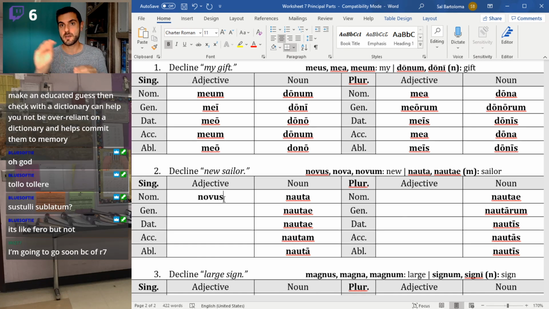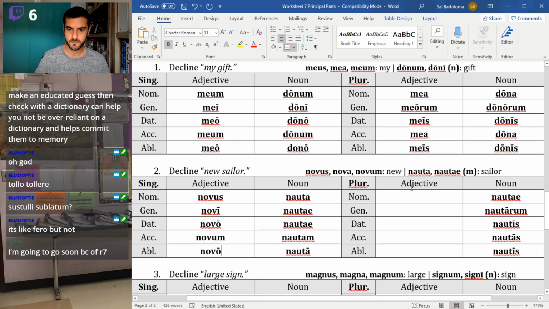So even though the noun is first declension, the adjective is going to be second declension. Novus, novi, novo, novum, novo, novi, masculine plural, novorum, novis, novos, novis. Okay? So the noun is first declension, the adjective is second declension. That's fine. They live together.